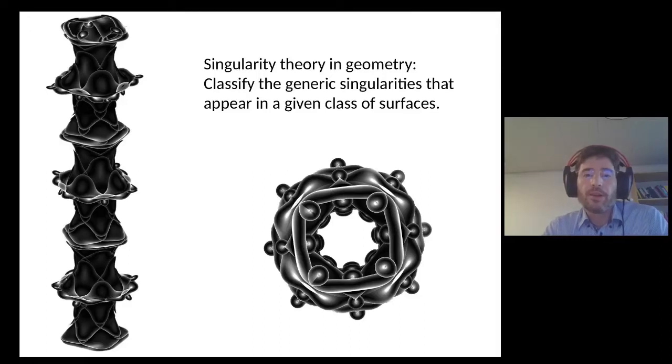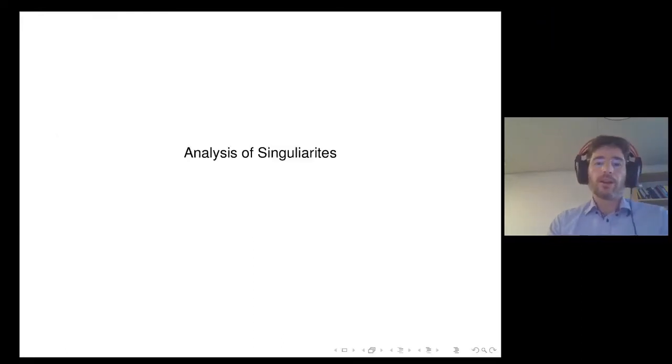So in singularity theory, since these singularities are a very obvious landmark of surfaces, we try to classify the generic ones that appear in a given class of surfaces. I'll just say a little bit about that now. So how do you analyze singularities?